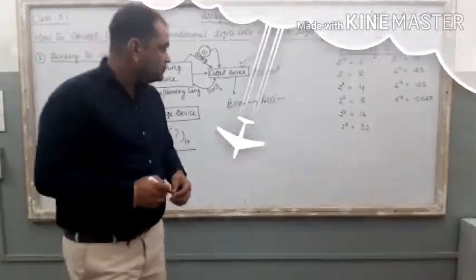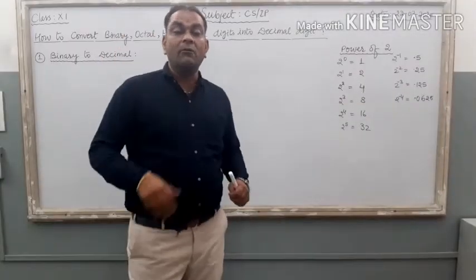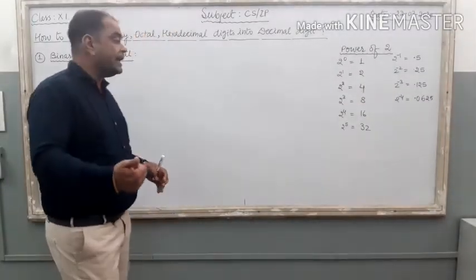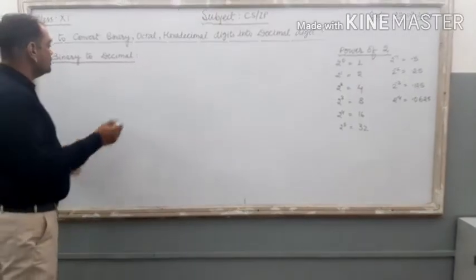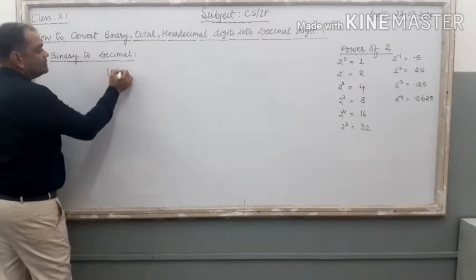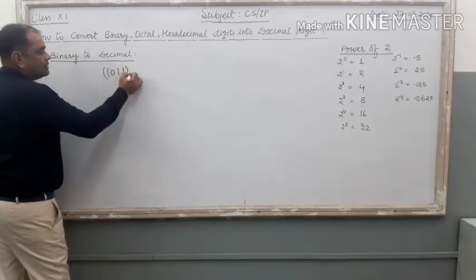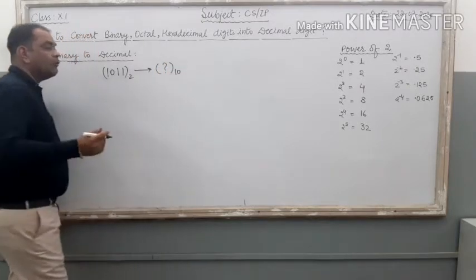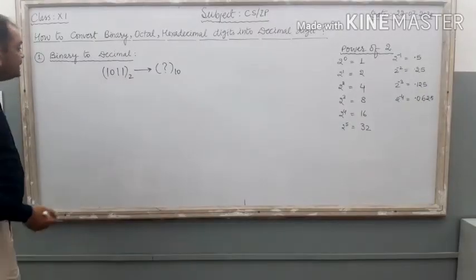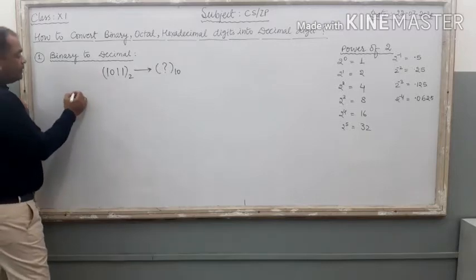Clear? Now just understand the process of converting a binary number into its decimal counterpart, right? Suppose this is the binary number 1011, and we should convert it into decimal. Now what is the method? First, write the binary number like this.